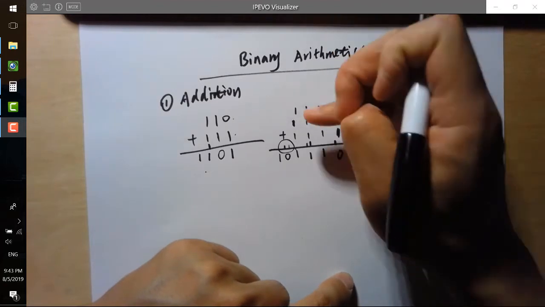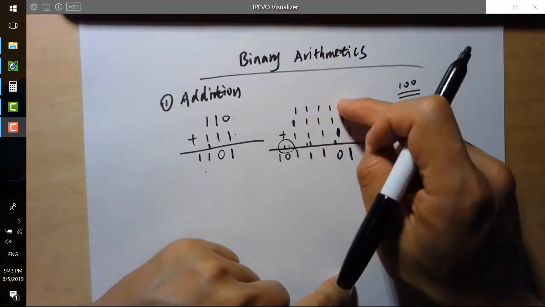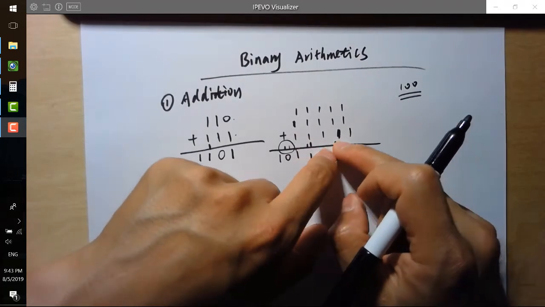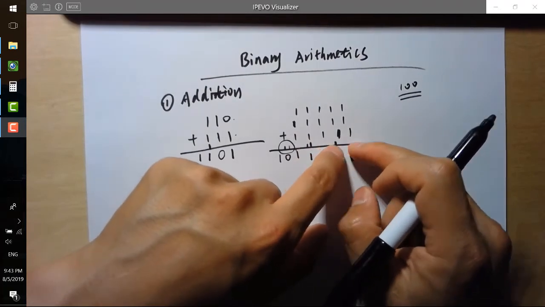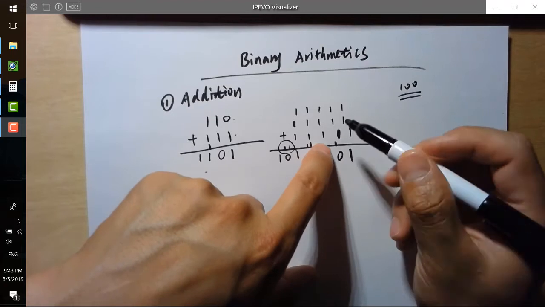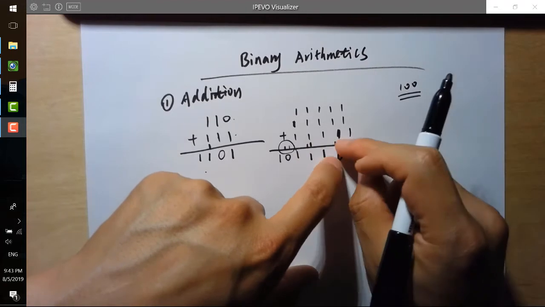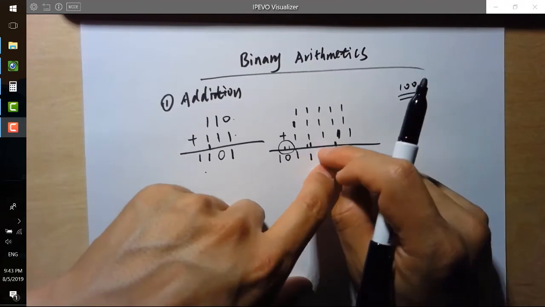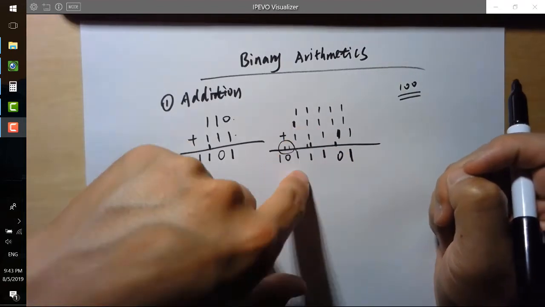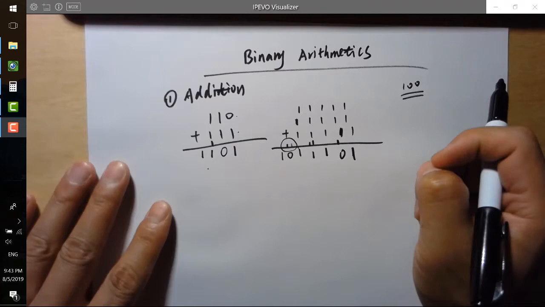So if you have more rows, you don't have to carry just one digit in front of this column. You can carry wherever you want as long as it makes sense, right? So if you have a 4, it's going to be 100, so you need to skip 1 digit here, and carry to this column, right? Is that making sense?